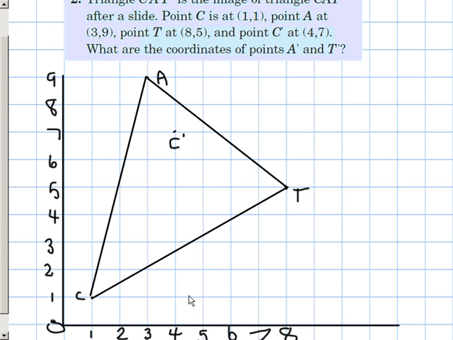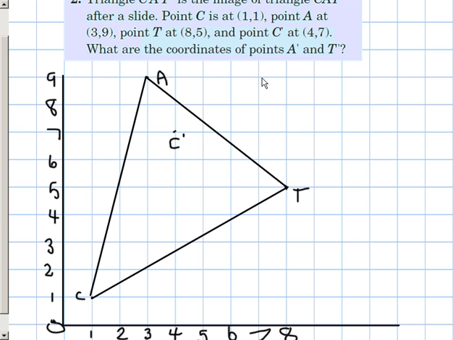Look how far over and how far up I went from my original C. So look how far I slid over, how far I slid up. And for A1, I'm going to need to be that same distance. So you're going to figure out the coordinates of where A1 and T1 will go.